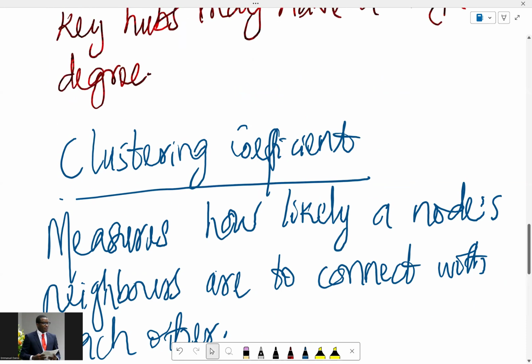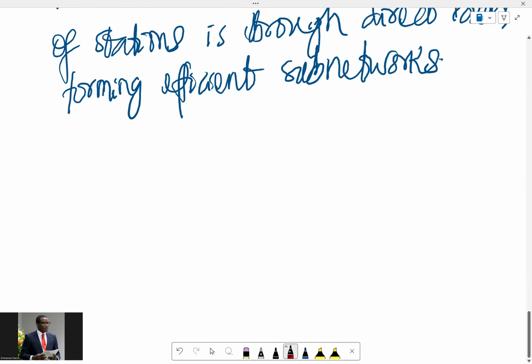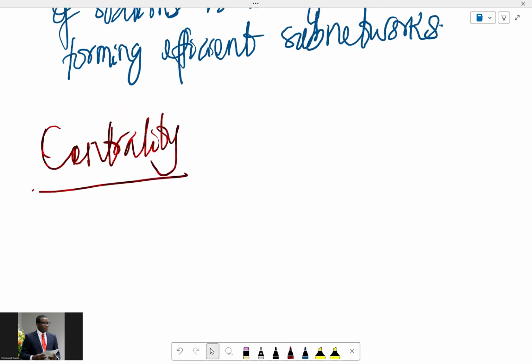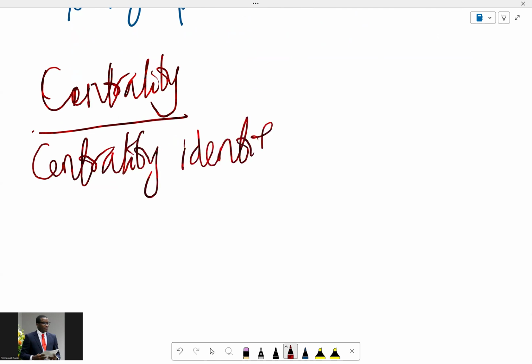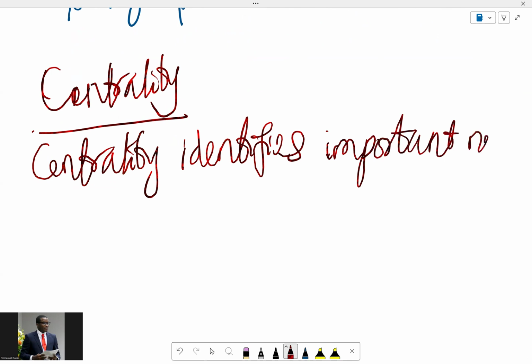Now let's go for centrality. These are measures by which we measure networks. Centrality identifies important nodes in the network.